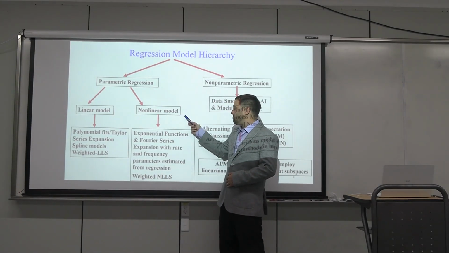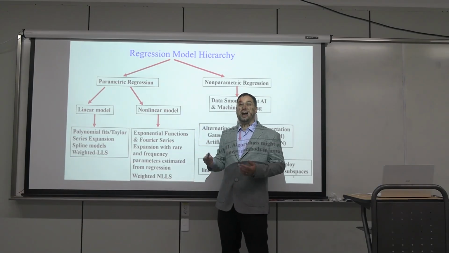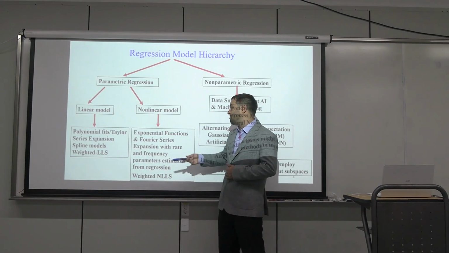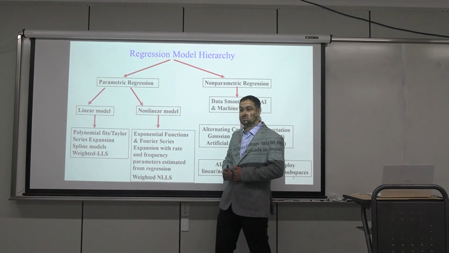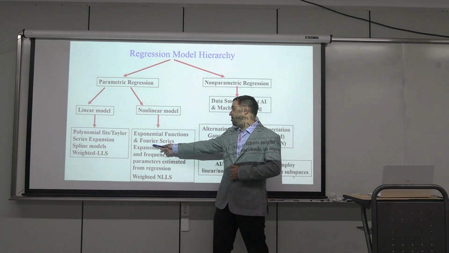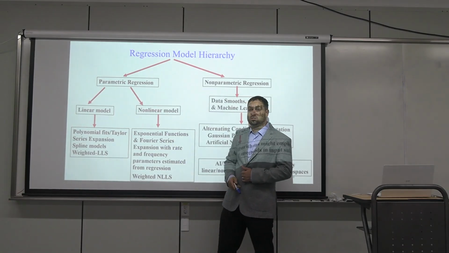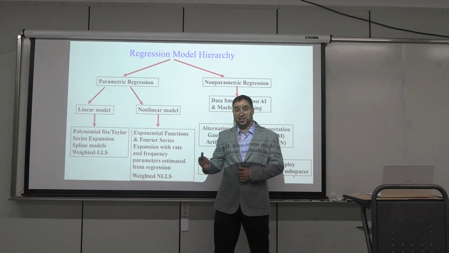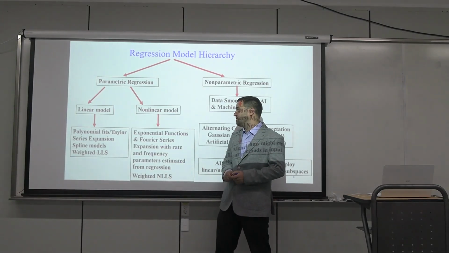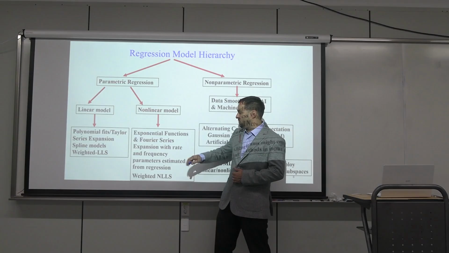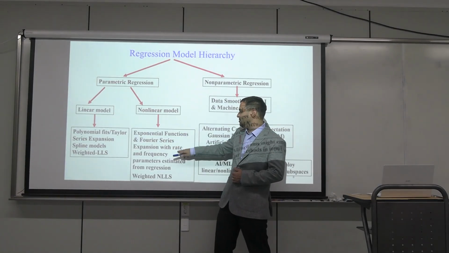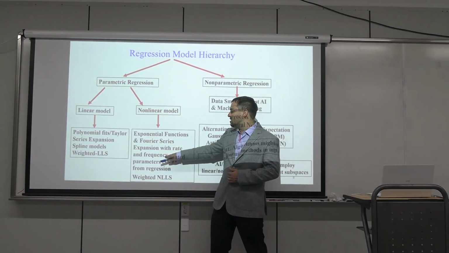Now, for nonlinear models, this is where we incorporate nonlinear functions into the model. Usually we might be using exponential functions or logarithms, and also, for example, Fourier series expansion using sines and cosines. These are all examples of nonlinear models. What makes it a nonlinear model is, for the exponential function example, the rate, and for the Fourier series expansion, the frequency parameters.